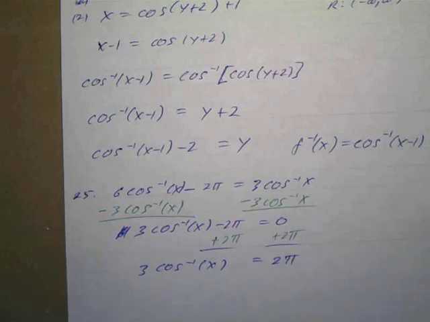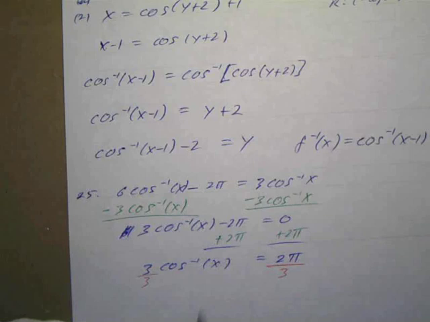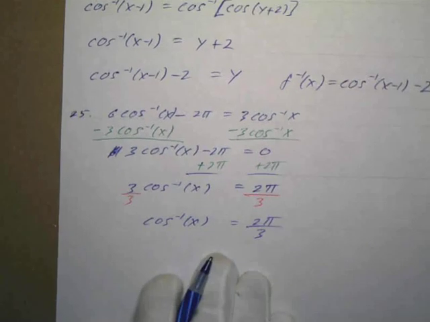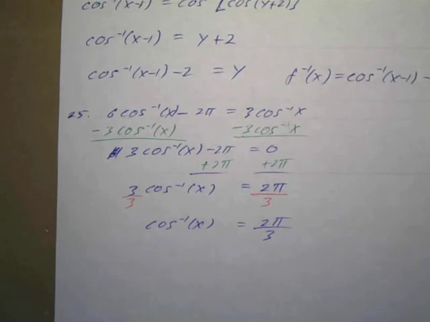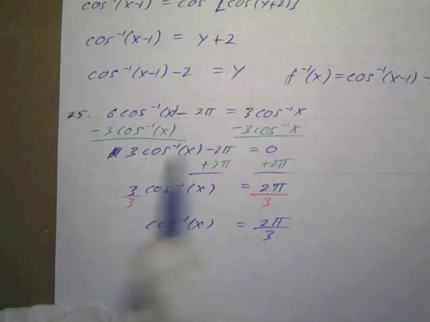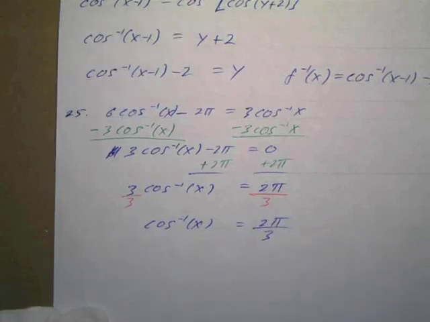And I'll just divide by 3. And then I want to solve for x, not cosine inverse of x. Oops, sorry about that. All right, so I just isolated the cosine inverse, subtracted the 3 from both sides, then added 2 pi. Then we divide by 3. So this is what we got. Okay, hope that's all clear.